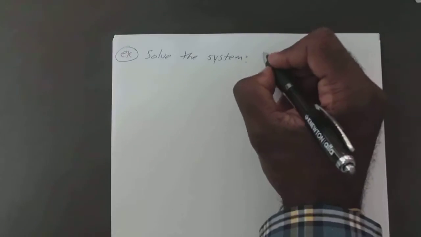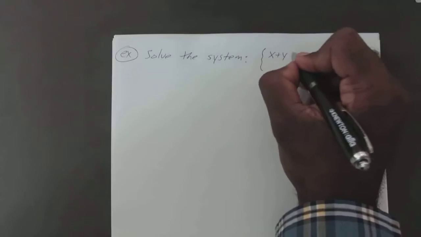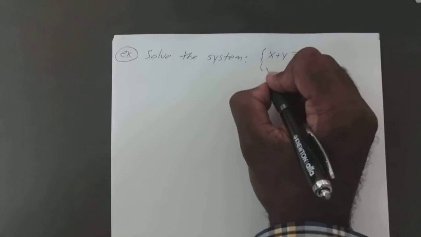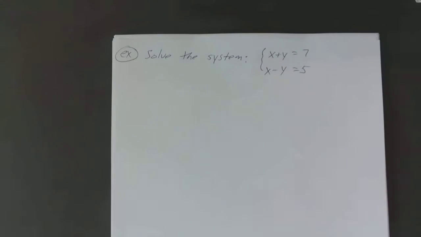Okay, and we'll start off with one where you don't have to really do much to it. x plus y equals 7, x minus y equals 5. You could solve this one by using substitution, but we're going to use the other method, the elimination method.